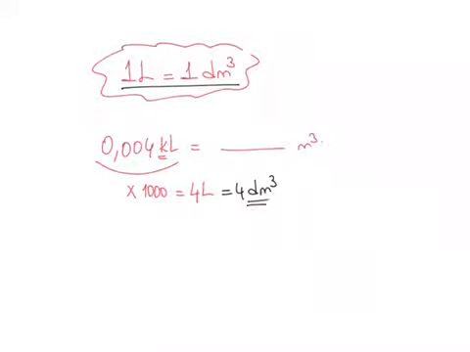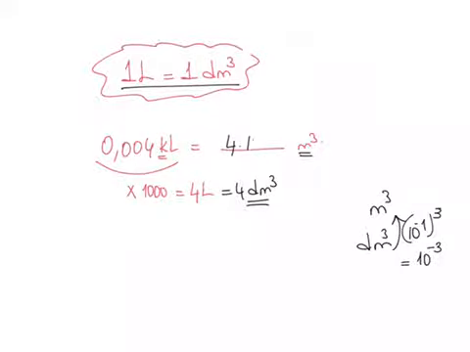Now I'm going to convert decimeter cube into meter cube. Decimeter, meter, I'm going to divide by 10, take the cube of it, so I'm going to multiply by 10 to the power minus 3. So it is equal to 4 times 10 to the power minus 3 meter cube.